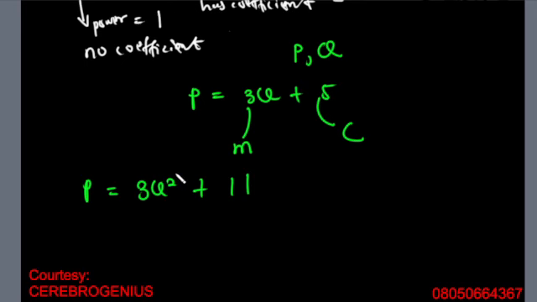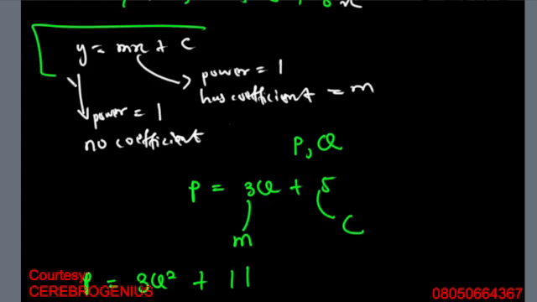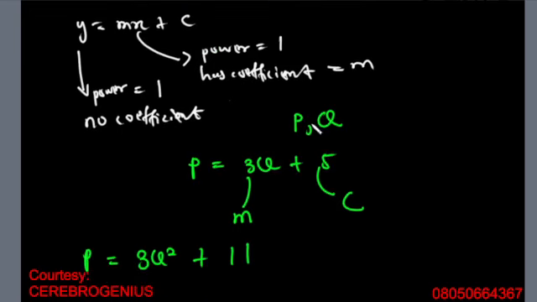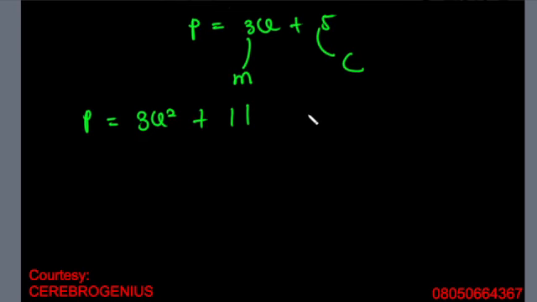So this changes it from the equation of a straight line to the equation of a curve. Although it still looks like it has an intercept, it is no longer a straight line since it does not completely look like y equals mx plus c. So you should take note of that.